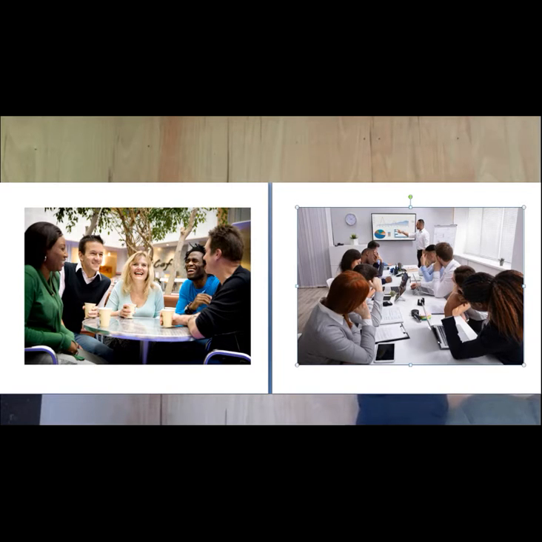Do you see the difference? In the first picture, the persons are laughing and interacting, and in the second picture it seems that they're more intense, more focused, following a stricter guideline or rule. So which one do you think is formal and which one is informal?